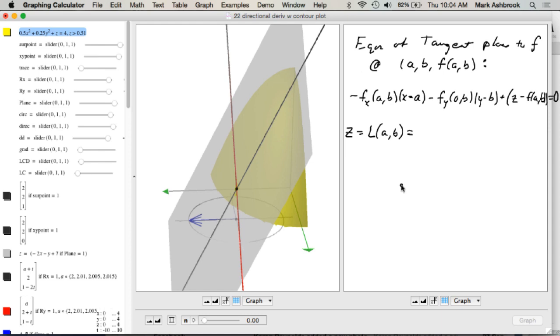I'm just going to add the first term, add the second term, and then add f(a, b). So it's basically the same thing, just written in a different form: f_x(a, b) times x minus a plus f_y(a, b) times y minus b, plus f(a, b).